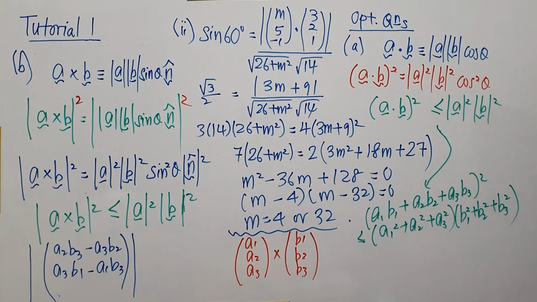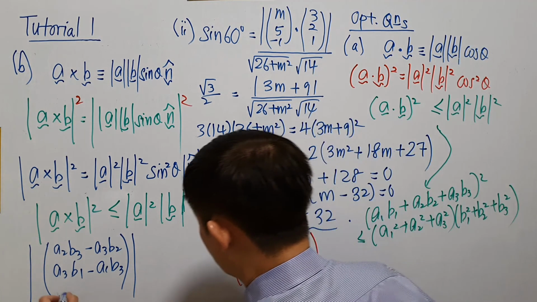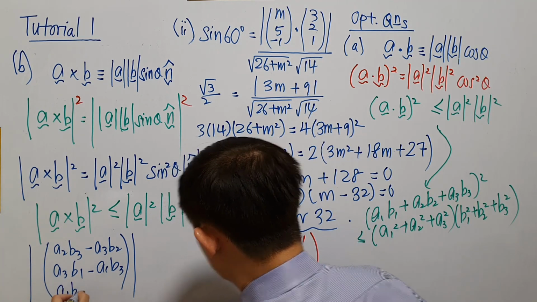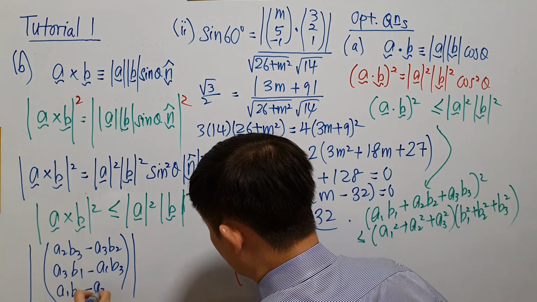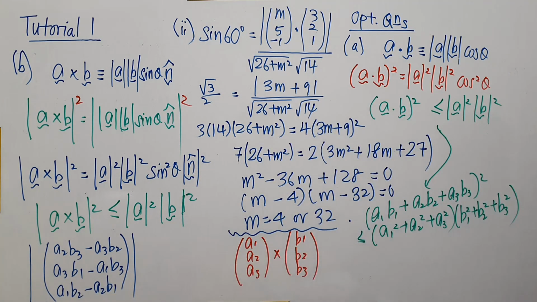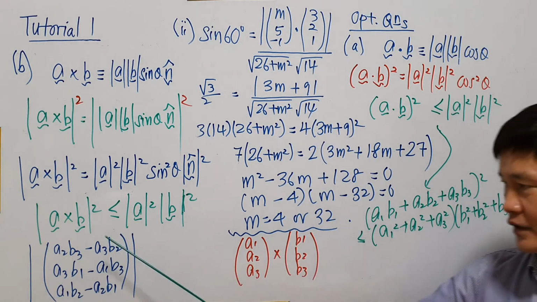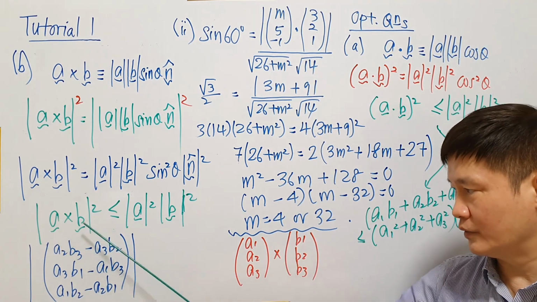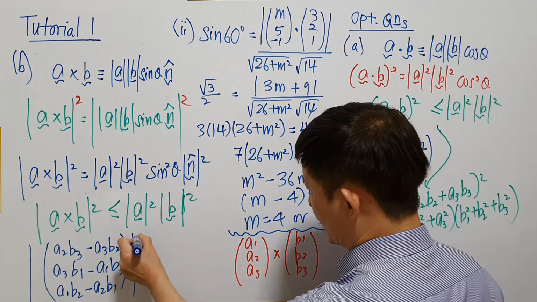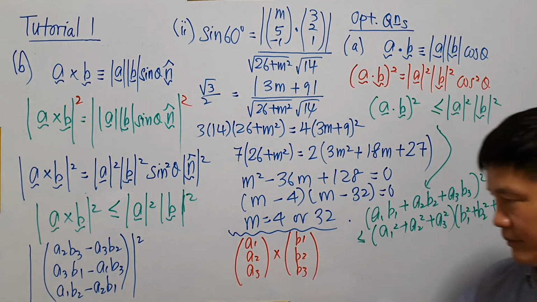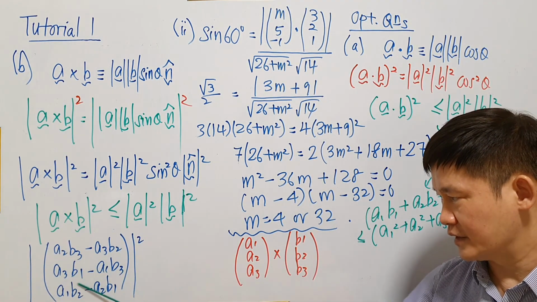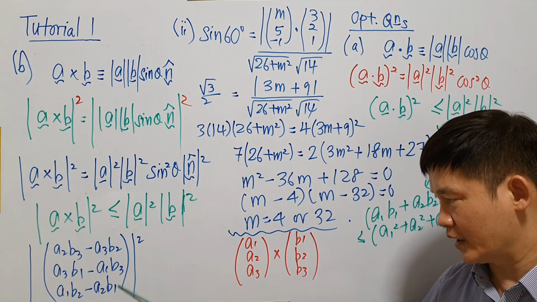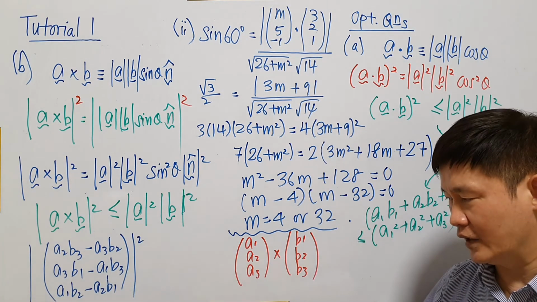Right? I've already incorporated the minus sign. Then the third row will be A1 B2 minus A2 B1. So if you look carefully, this left hand side, which is the square of this magnitude, becomes the square of the magnitude of this vector, which is this thing square plus this thing square plus this thing square, and then square rooted. Of course, with the square, you don't need to square anymore.